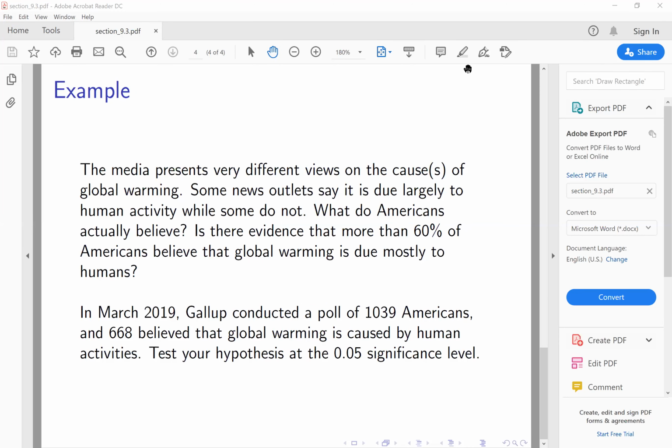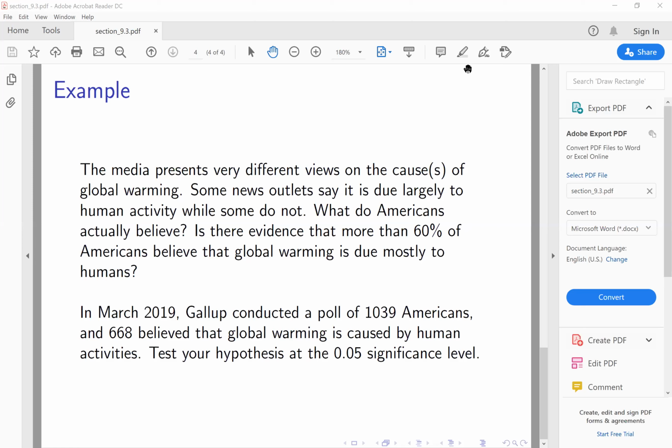So here is the poll we're going to do today. If you read the news, there are very different views presented about the cause of global warming. So we're going to look at, what do Americans actually believe? Is there evidence that more than 60% of Americans believe that global warming is due mostly to humans?